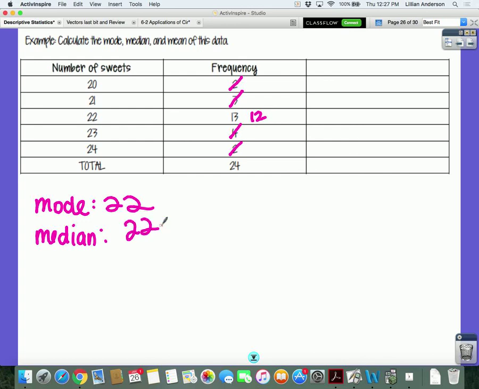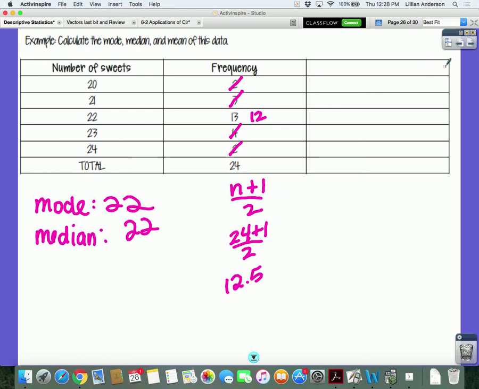Now another way to figure this out is the n plus 1 divided by 2 I was talking about. N represents the total number of data that we have, so basically the total frequency. If you plug that in, 24 plus 1 divided by 2. What is that? 12.5. So this lets you know that the median occurs at the 12.5th entry in this data set.